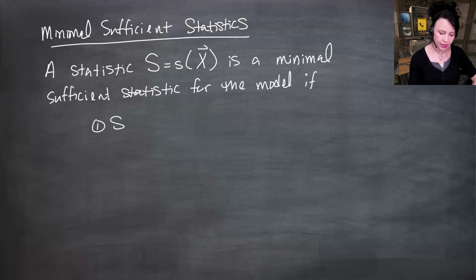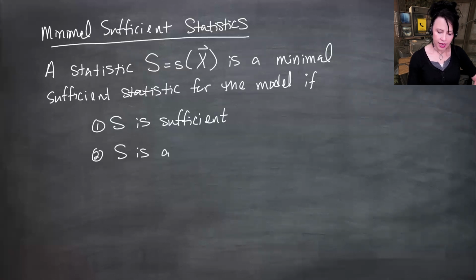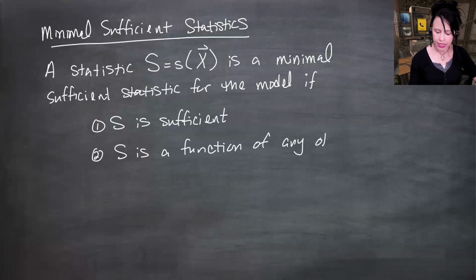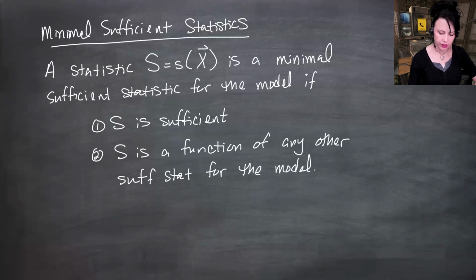Number one, S needs to be sufficient. And number two, S needs to be a function of any other sufficient statistic for the model.